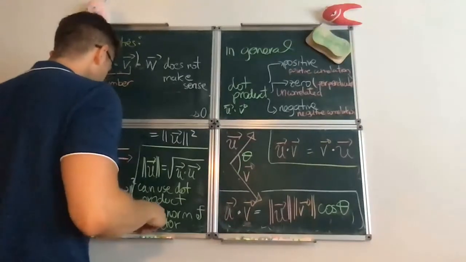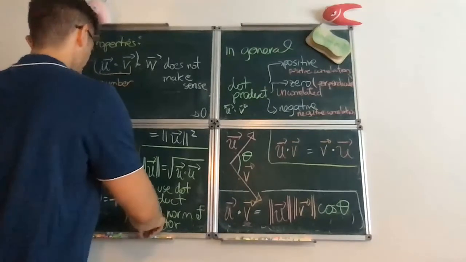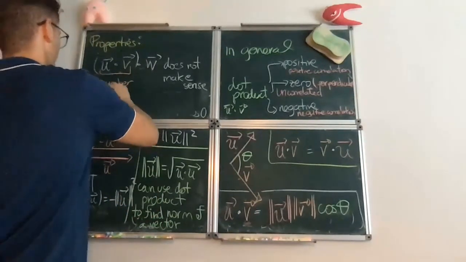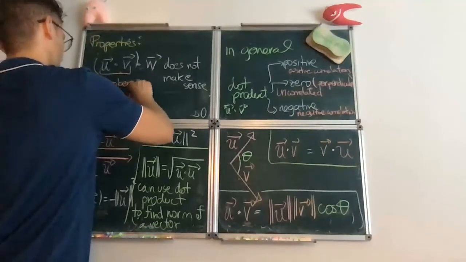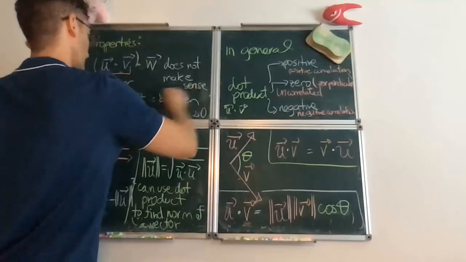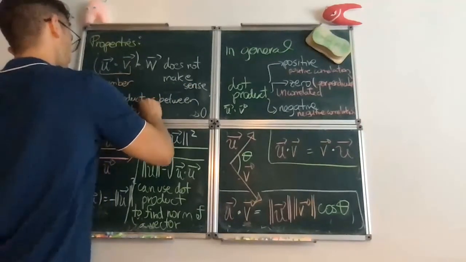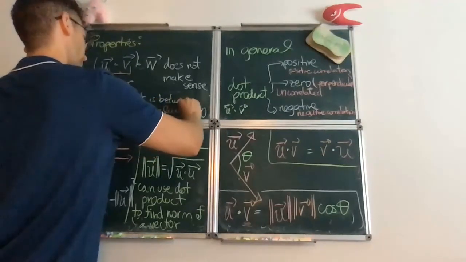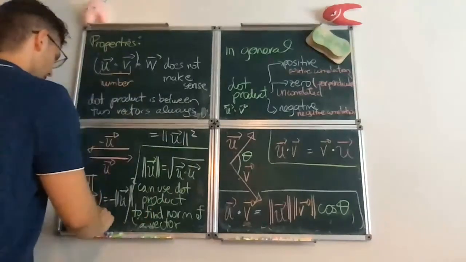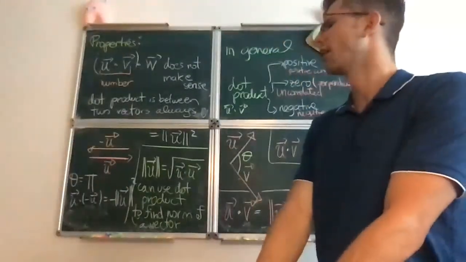So the dot product is always between two vectors. Okay?